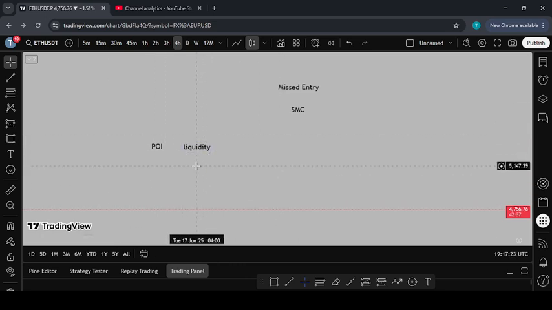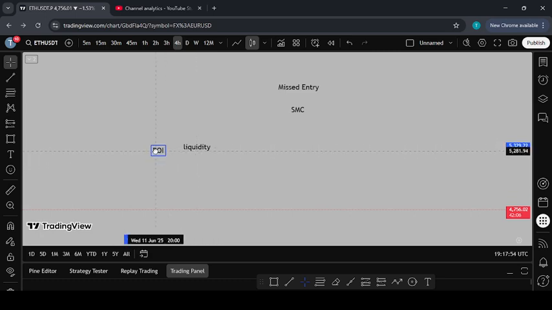Okay, liquidity. Liquidity must be close to that particular point of interest before you take that trade. There must be liquidity available, because you know that liquidity acts as fuel that moves the market. So you want to have liquidity to take and liquidity to target on that particular time frame entry, which is the smaller time frame you want to use for that entry after doing all the necessary analysis.